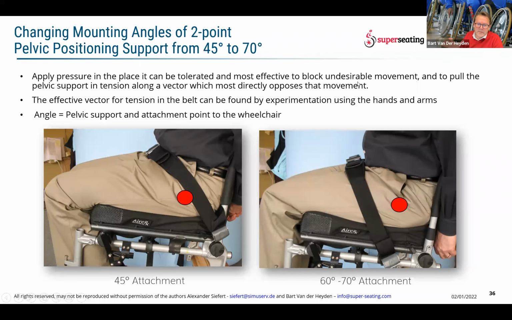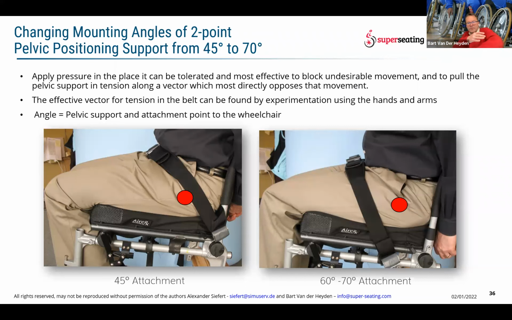So the clinical approach is you apply pressure with your hands first to see where it's tolerated on the client, with no soft tissues, no trigger points. Then the direction of the force with your hand that's trying to block the undesired movement is the vector that you want to mimic using your pelvic positioning support.